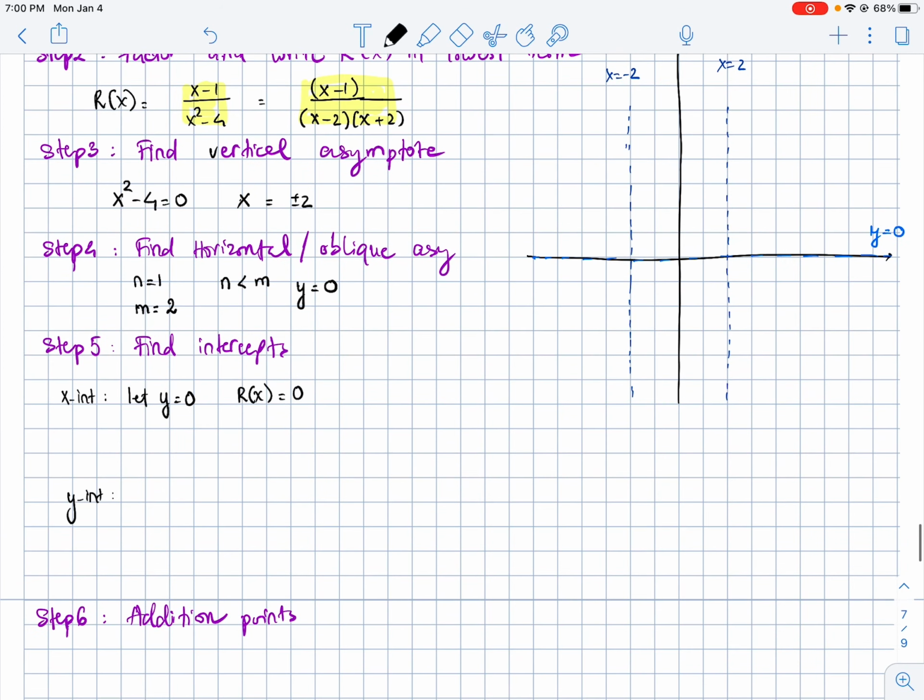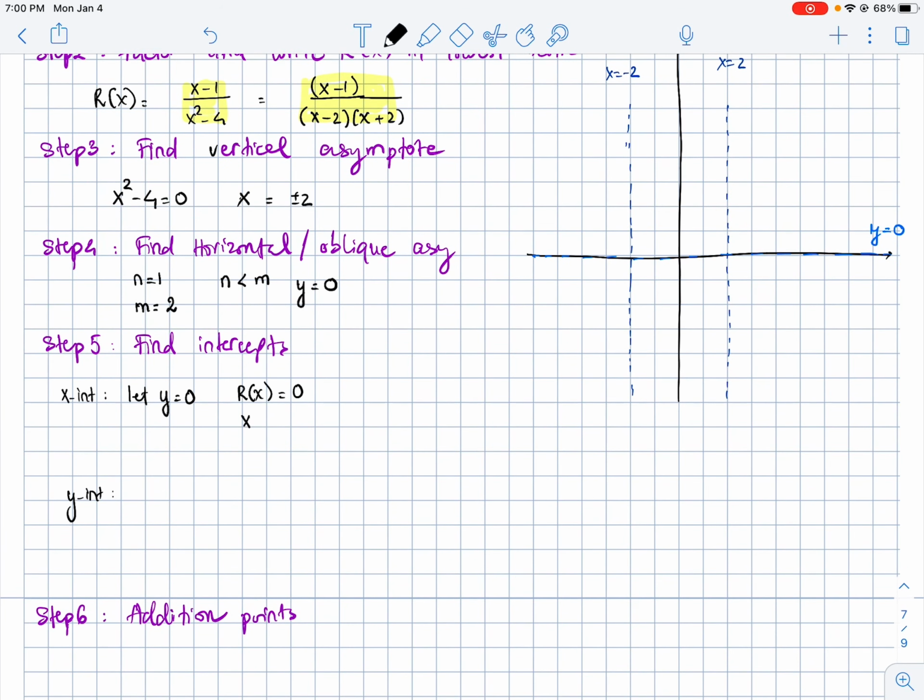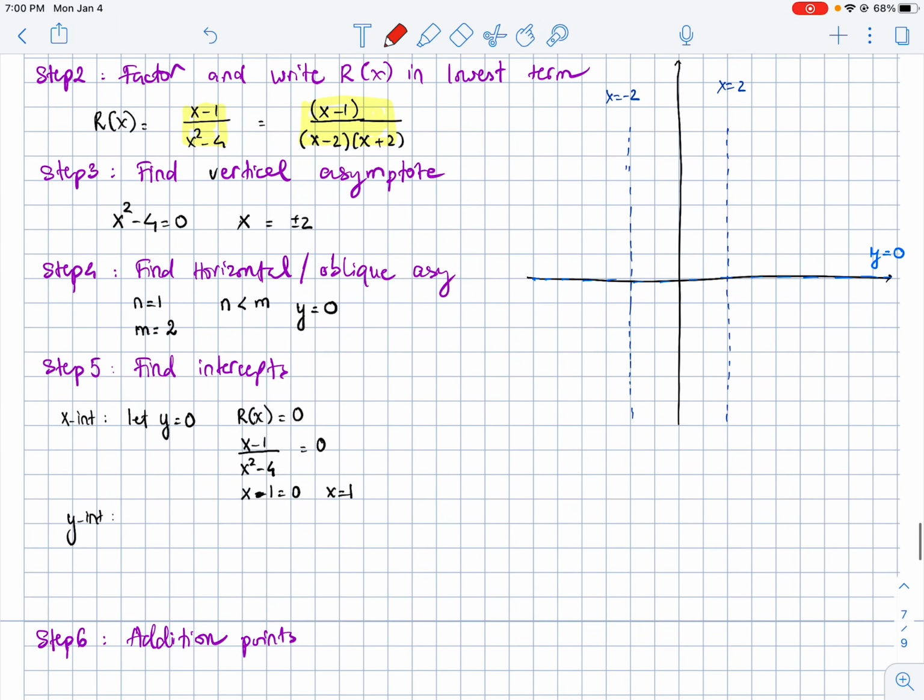You recall that r of x is x minus 1 divided by x squared minus 4, equal to 0. For the fraction to be 0, the top has to be 0. So x minus 1 equals 0 and x equals 1. The x-intercept means this point is on the x-axis. So I make the points in red color. So 1 on x.